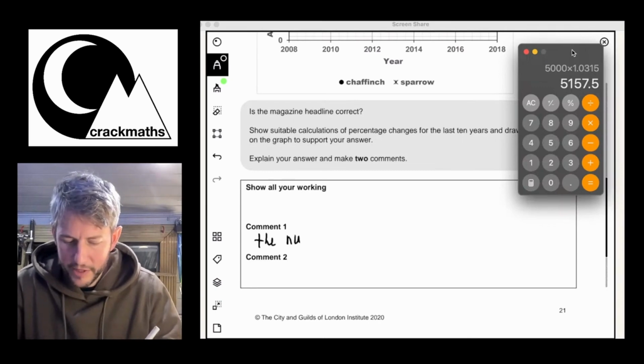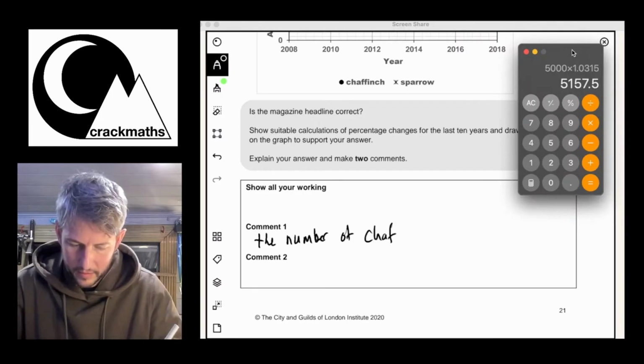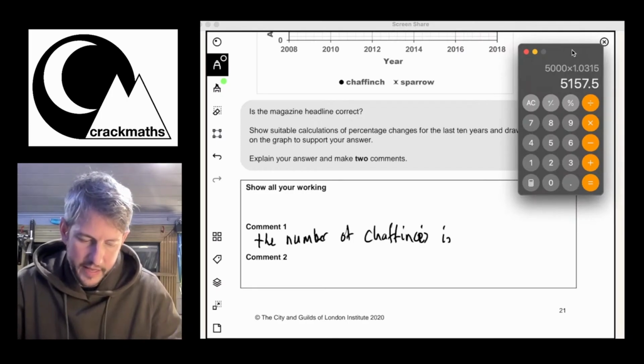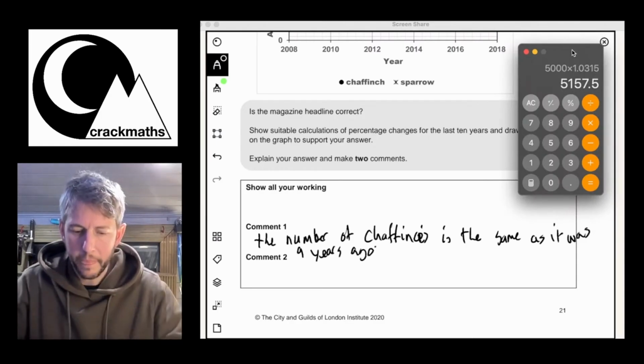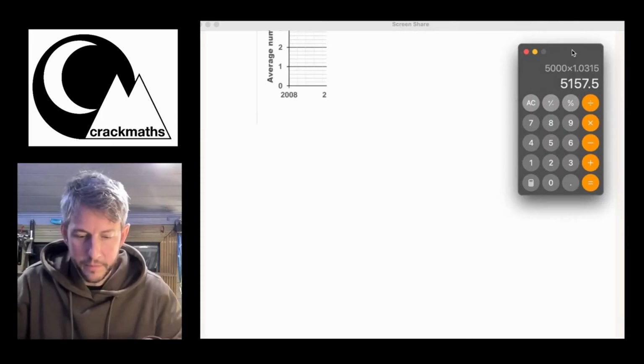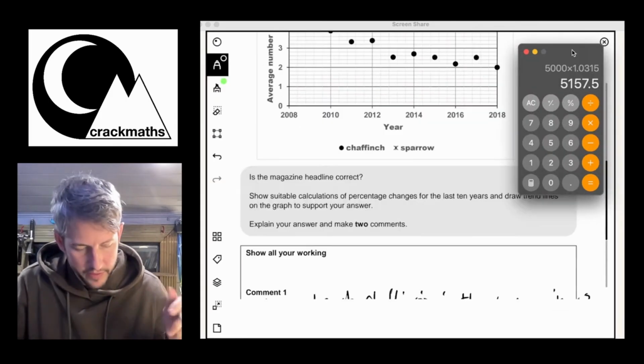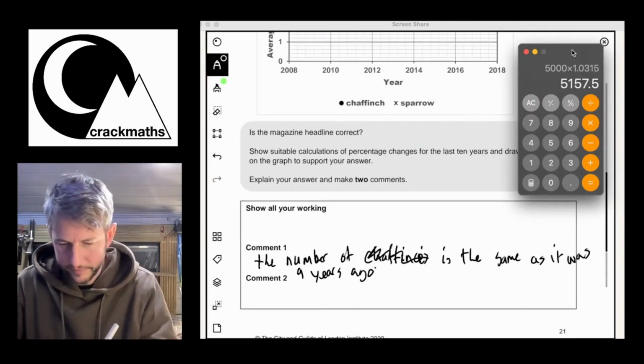The number of chaffinches is the same as it was 9 years ago. Okay. Now we need to look at the sparrow. Oh no! I got them wrong. The number of sparrows.